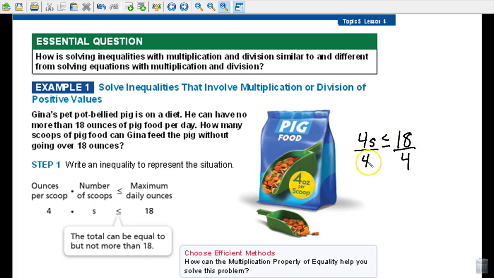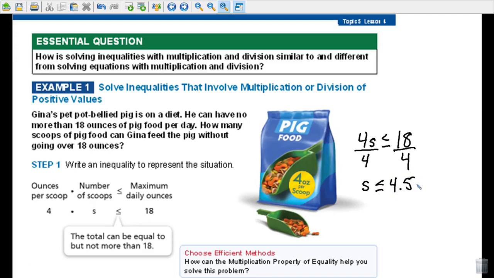So 4 divided by 4 is 1s, and the sign stays the same, less than or equal to, and then 18 divided by 4, if you break out your calculators or just do it in your head, would be 4.5.